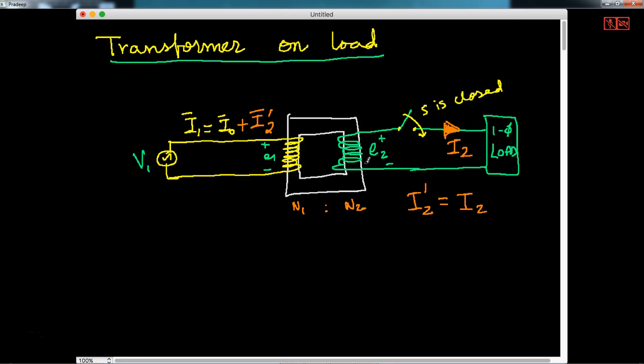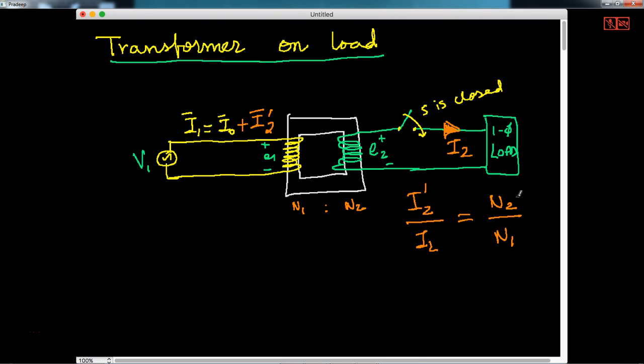let me just look at it. If there are more turns, or in other words I2, so let me just delete this first. So this will be inversely proportional to the number of turns. So this will be N2 by N1.